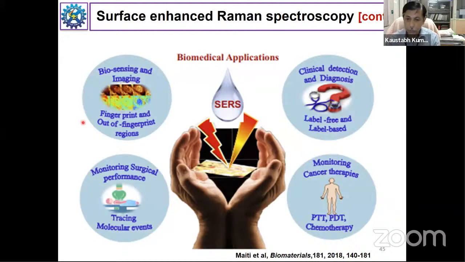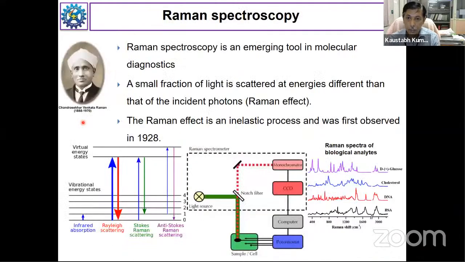As you know, what is Raman scattering? All of you know it is inelastically scattered light, where a small fraction of the light has different energy compared to the incident photons, called Raman scattering or the Raman effect. But this Raman scattering is a very weak phenomenon.